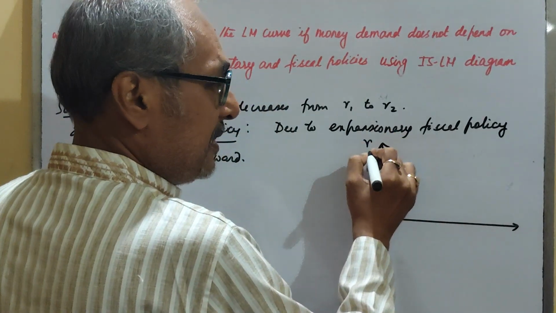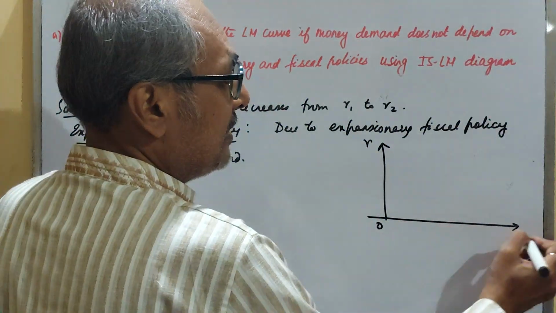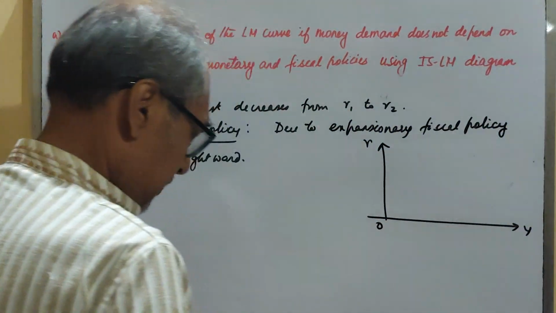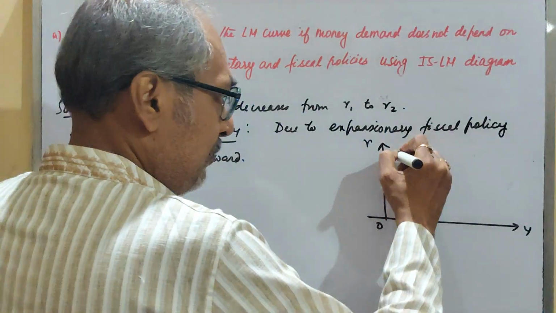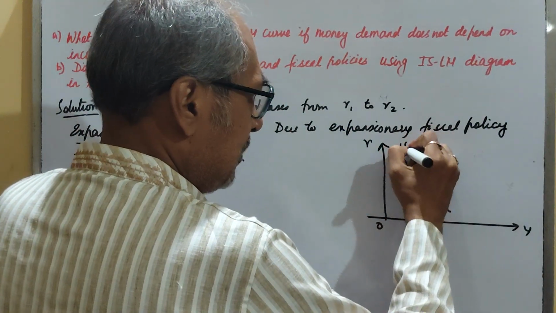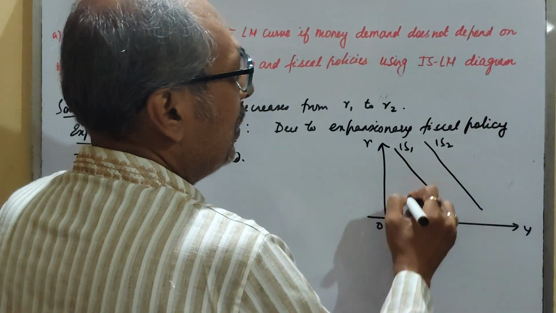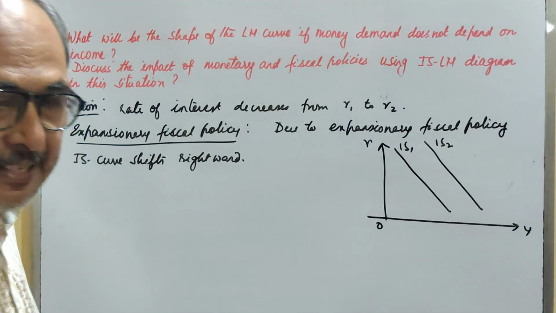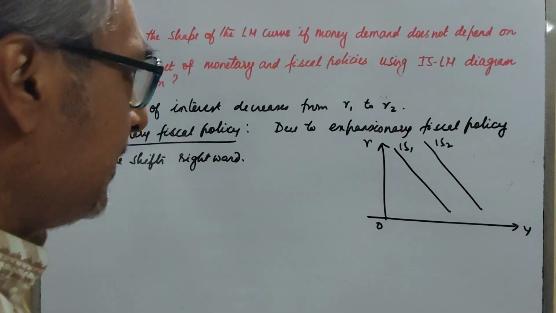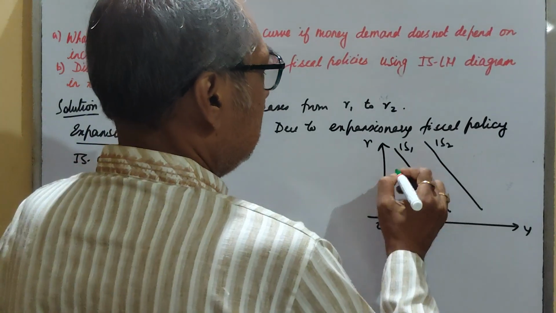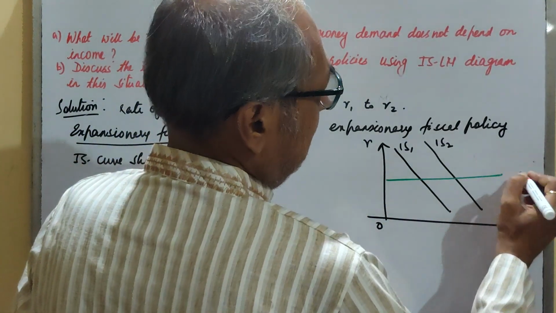On the vertical axis, we are measuring R. On the horizontal axis, we are measuring Y. First, I am drawing the IS curve. This is IS1. Due to expansionary fiscal policy, it shifts from IS1 to IS2. In this case, the LM curve is horizontal. This is the LM curve.